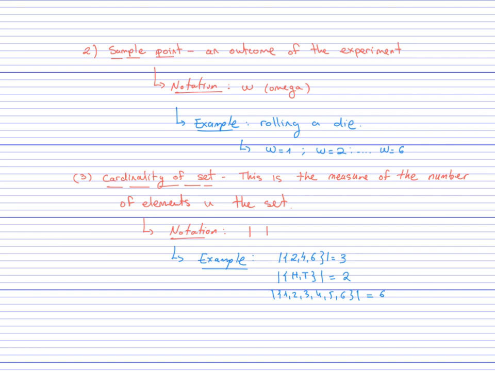Next, we are going to talk about what is an event. An event is a subset of the sample space. What is the notation in general? We use capital letters. It can be A, B, C, and so on. Let's start with a few examples. Again, rolling a die.